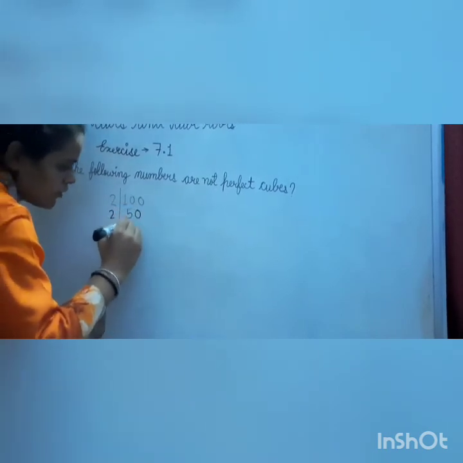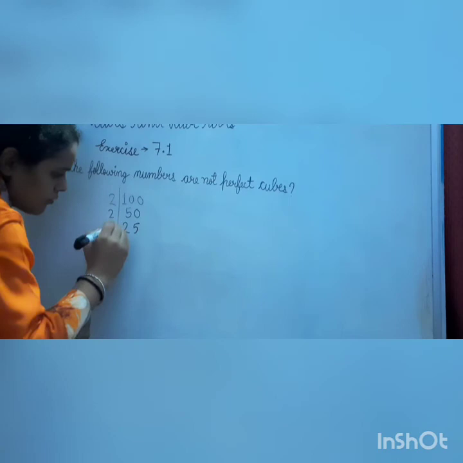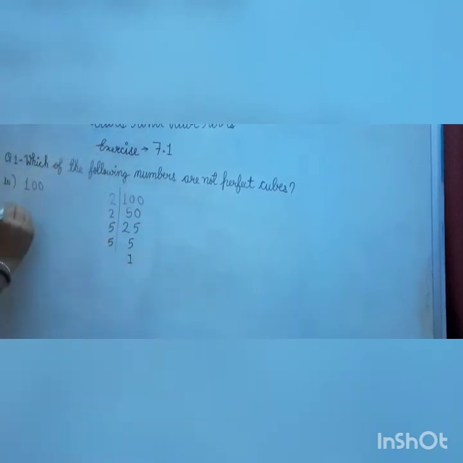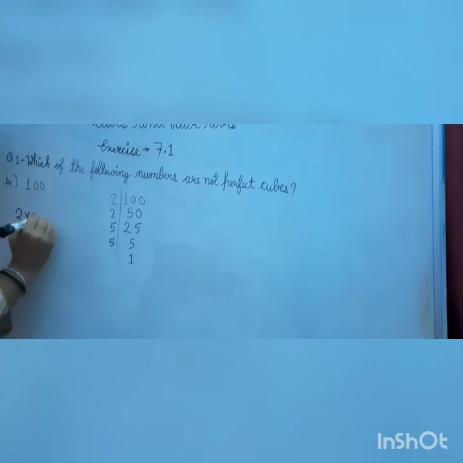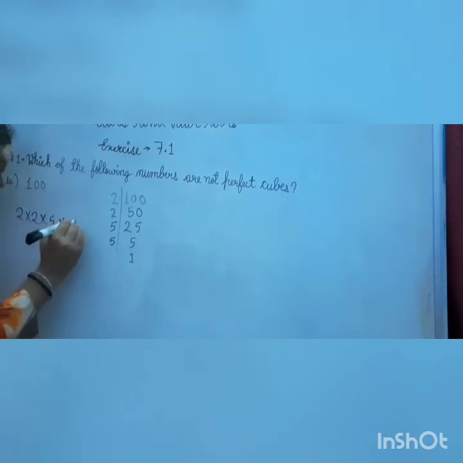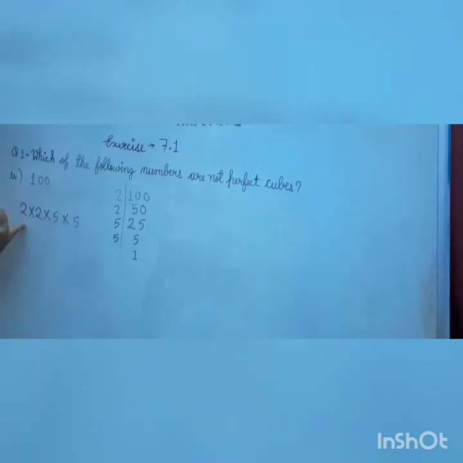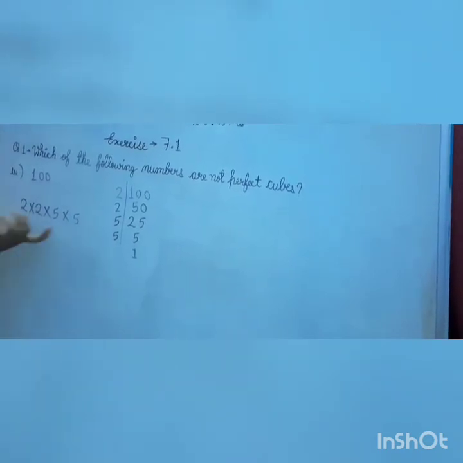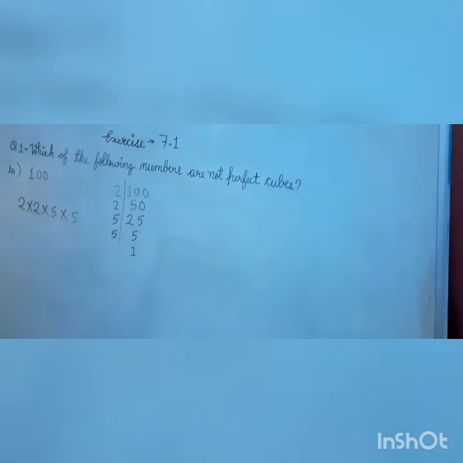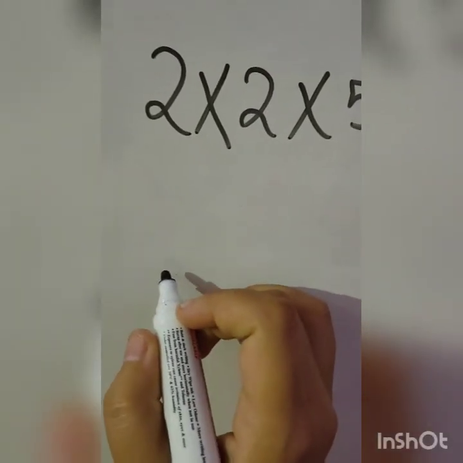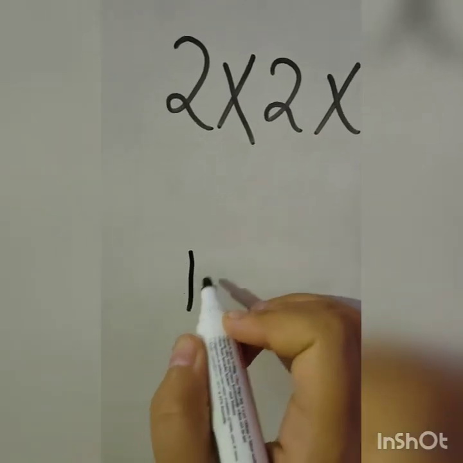Again divide by 2 it will come 25. Divide by 5 it will come 5. Divided by 5 it will come 1. You can write 2 multiply 2 multiply 5 multiply 5. You can see that 2 is not making up a triplet and 5 is also not making up a triplet. It means that 100 is not a perfect cube.